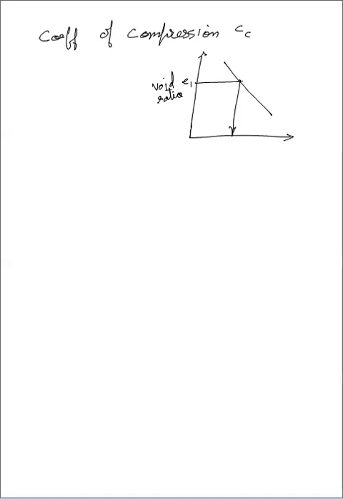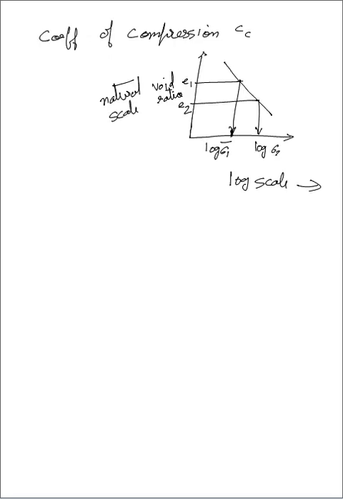As it is semi log, the x-axis is log scale and the y-axis is natural scale. So this ordinate will be log sigma 1 bar. Same way, this is your e2, so the corresponding value will be log sigma 2 bar. Just we have converted it into a semi log.